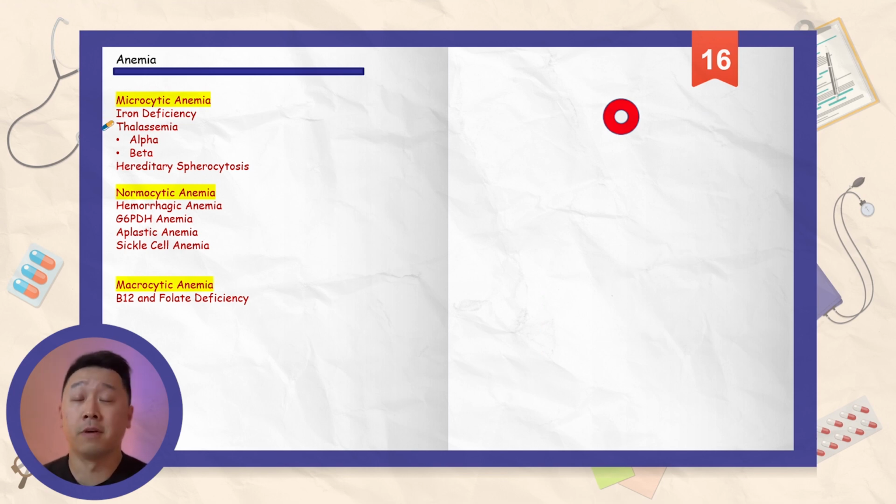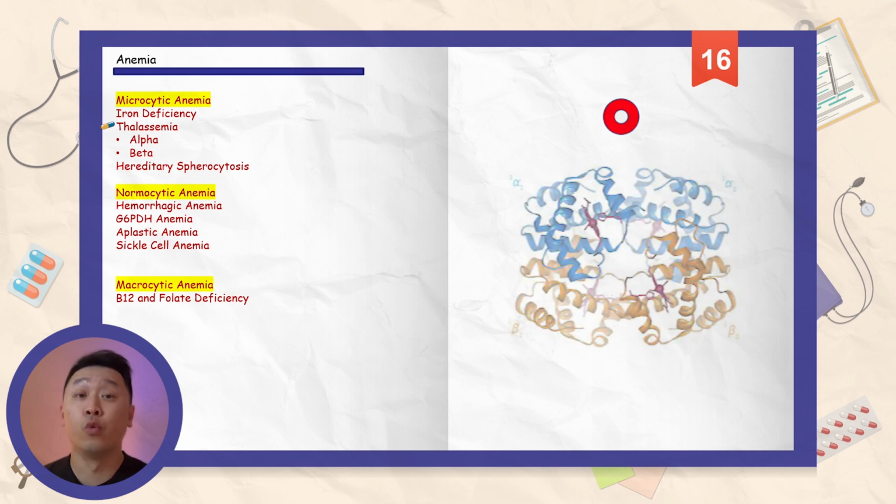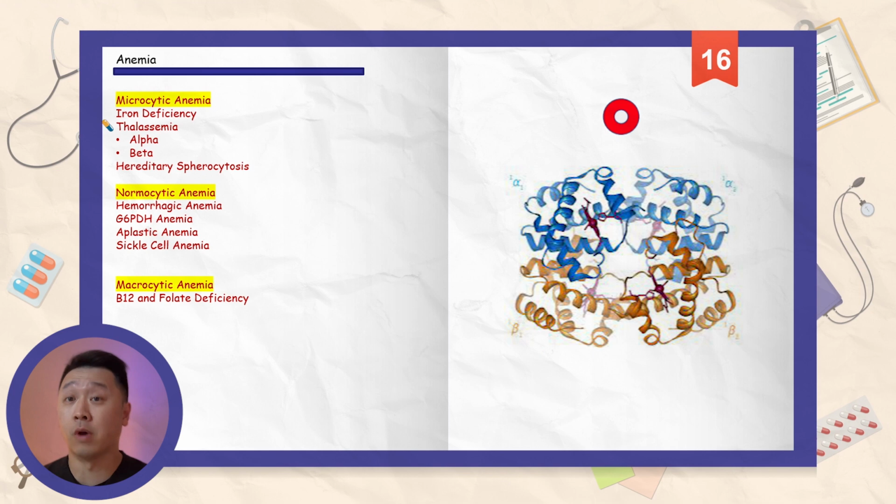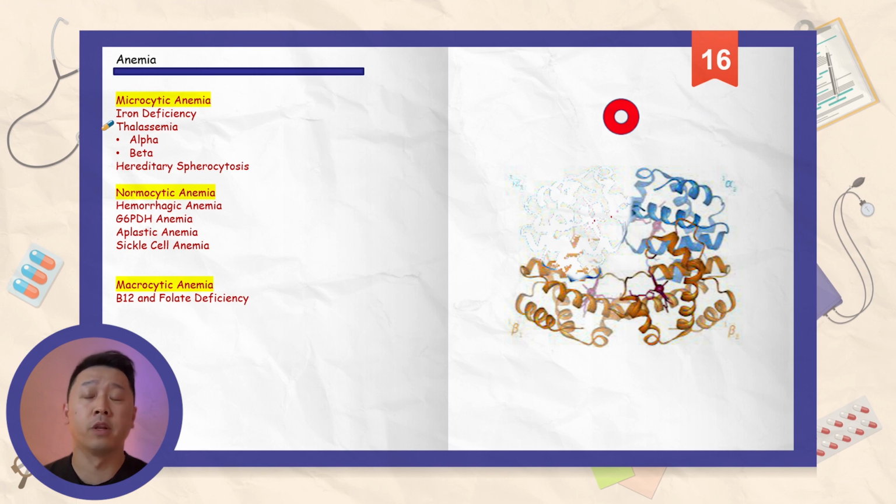Another form of microcytic anemia is called thalassemia. Thalassemia is further divided into 2 different forms, known as alpha and beta thalassemia. From what we previously discussed, we know that hemoglobin is made up of 4 different subunits, 2 alpha and 2 beta subunits. In alpha thalassemia, either one or 2 of the alpha subunits are missing due to genetic mutation.